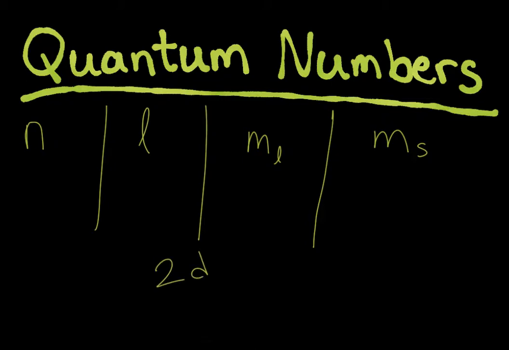First of all, this number is the n and D is the L. Remember when I said S equals 0, P is equal to 1, D is equal to 2, and finally F equals 3. So D corresponds to 2.